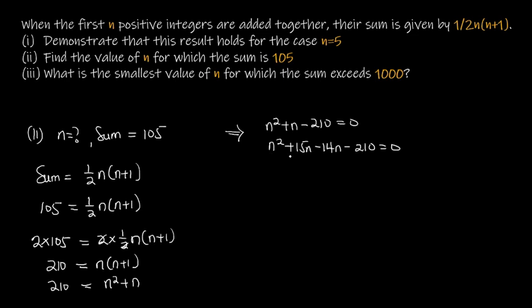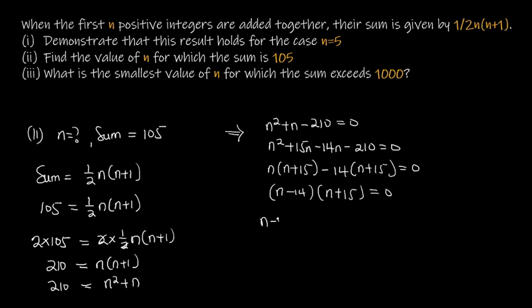So from here, I can go ahead and factorize this equation. So I factor out n over here. So I have n plus 15 here minus over here 14. Then into bracket, I have n plus 15 as well over here. So I can now say my n minus 14 over here, then n plus 15 is equal to 0.